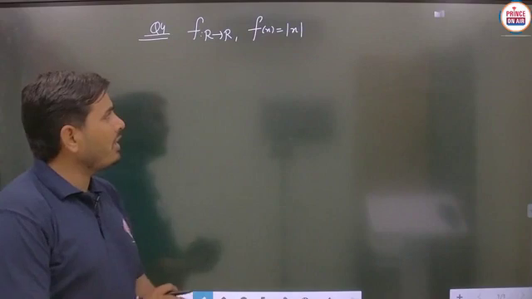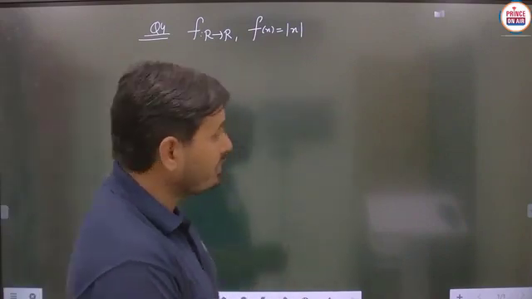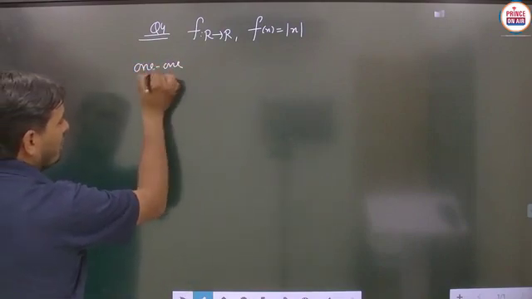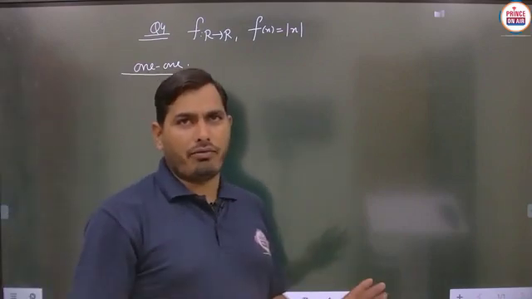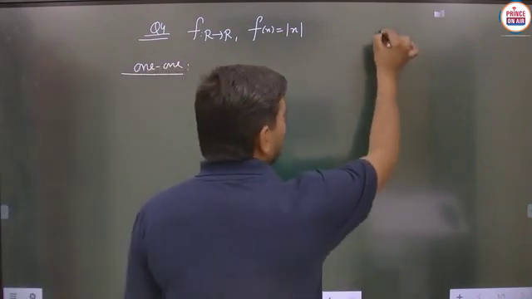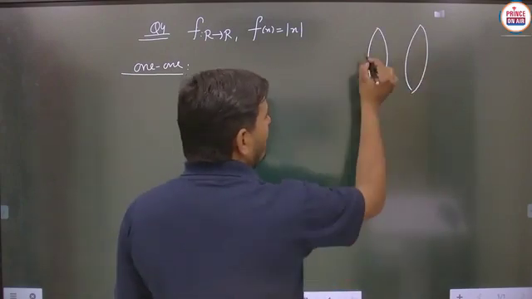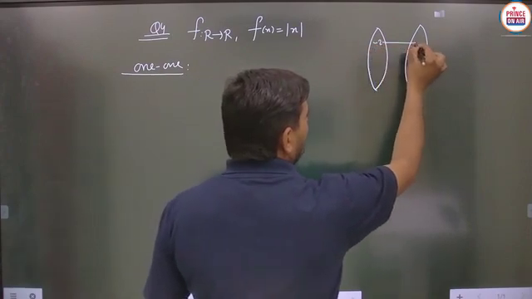So here f from R to R is given and f(x) is given as modulus of x. We will check for the one-one case first. Each student knows the graph very well, and you can also see the answer on behalf of mapping. Suppose -2 is there, then the answer is obtained as 2.